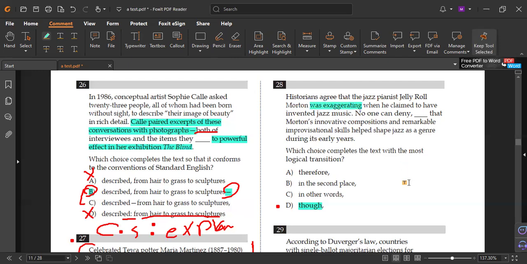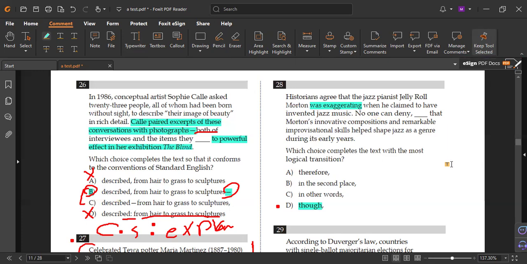What does exaggerating mean? It means to explain something more than it needs, or to explain something that is not real. So he exaggerated when he claimed to have invented jazz music. You see, that means he did not.